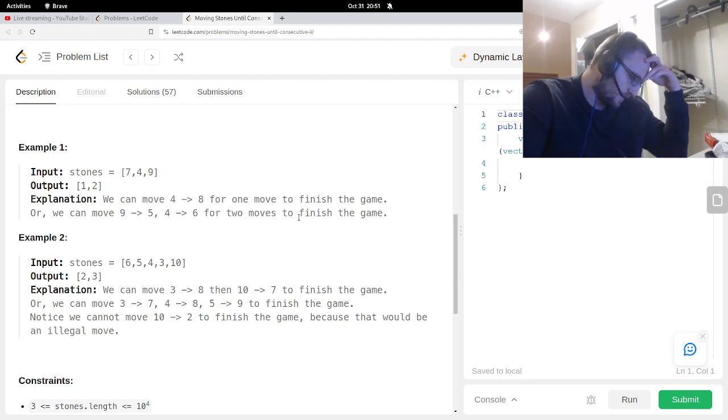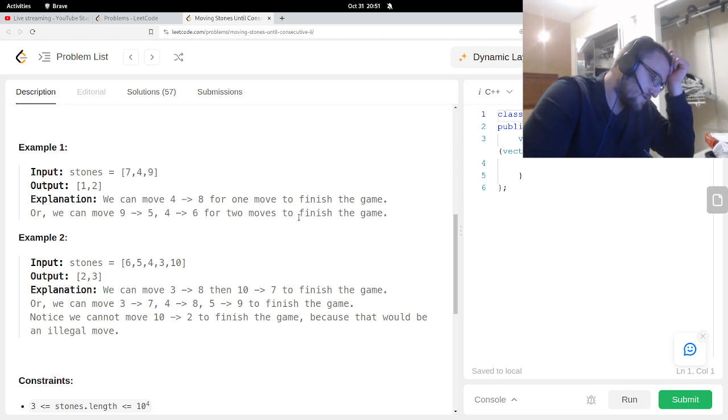Obviously, elements that are consecutive, you don't really touch them unless they're on the end, and you might have to move them. So I don't know, we get something random like 2, 4, 1, 2, 4, 8, 20, 22, 23, 27, right?